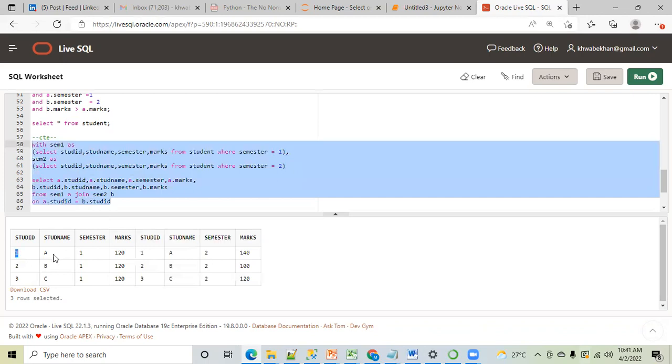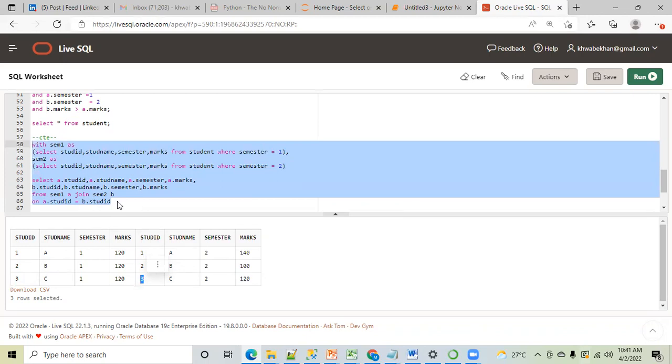That's why student ID 1 is compared with student ID 1, student ID 2 with student ID 2, similarly 3 with 3. Is this clear? Anyone who wants me to repeat? Yes or no? Yes, clear. Perfect.